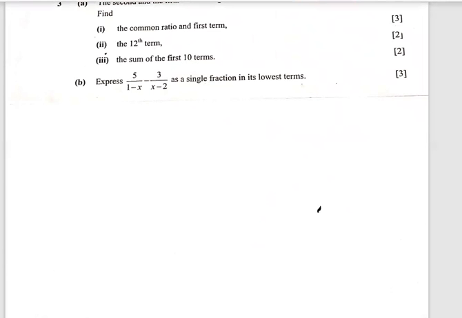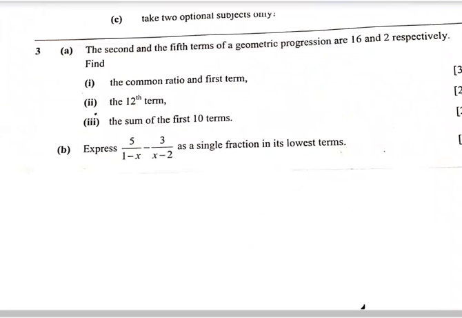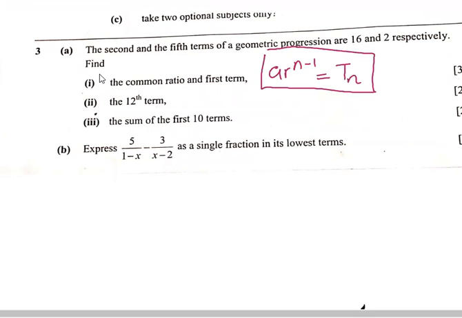Take note first of all, the formula that we use to find the nth term of a GP is this one. This is the formula that we use to calculate the nth term of a GP. A is the first term, R is the common ratio, N is the nth term.